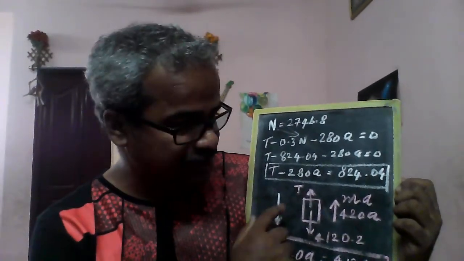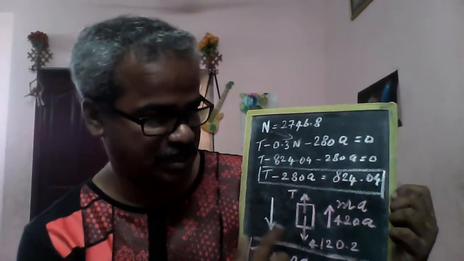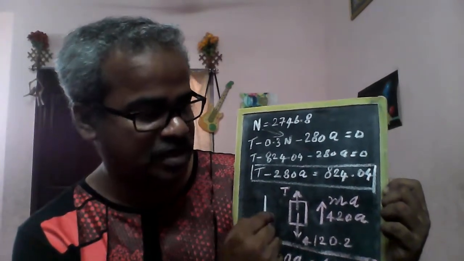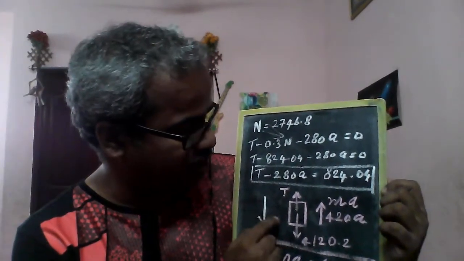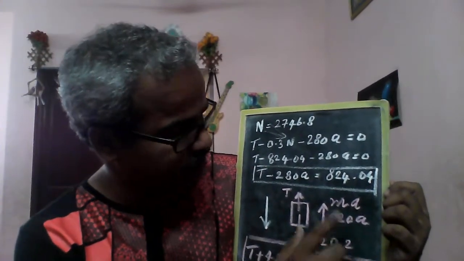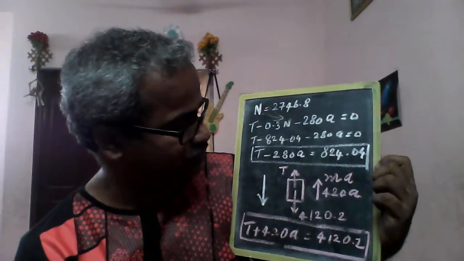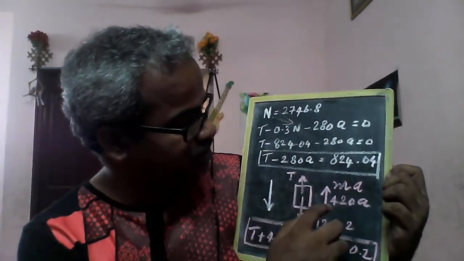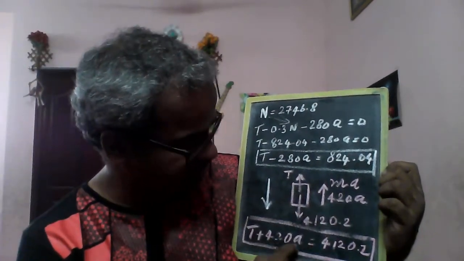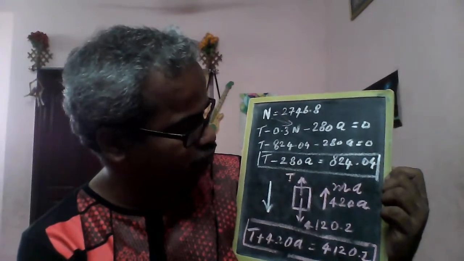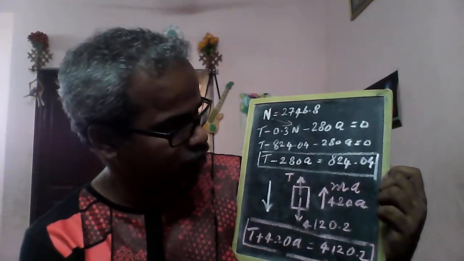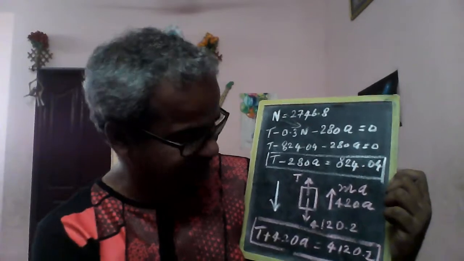There is no contact, so you won't get a frictional force here. If there is contact, you will get a frictional force. Here only the inertial force. By equating the summation of vertical forces to 0, T plus 420A is equal to 4120.2, my second equation.